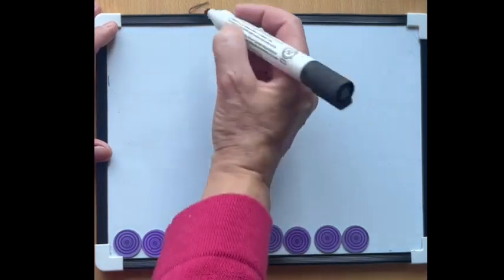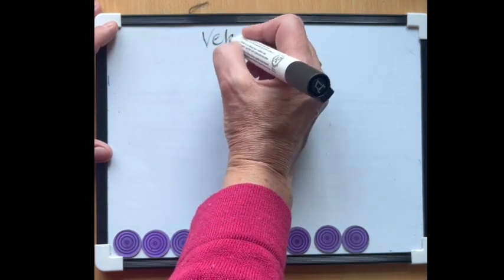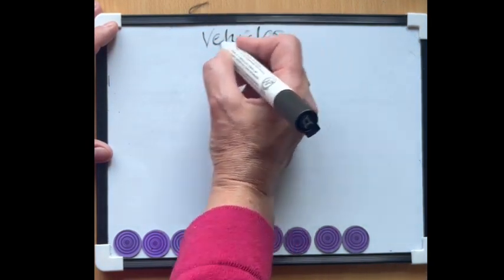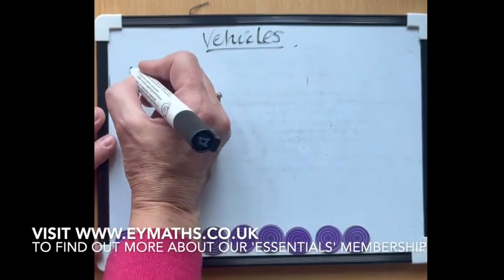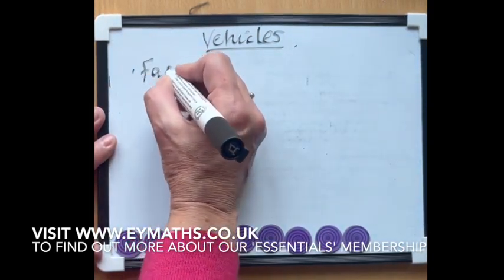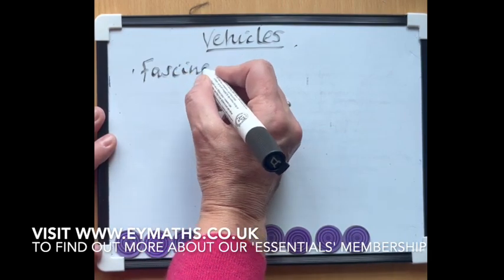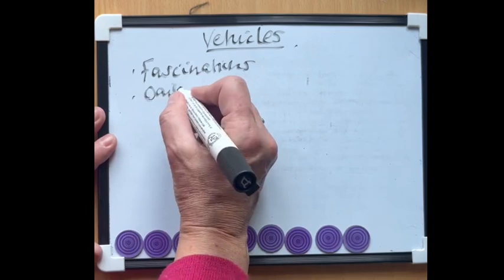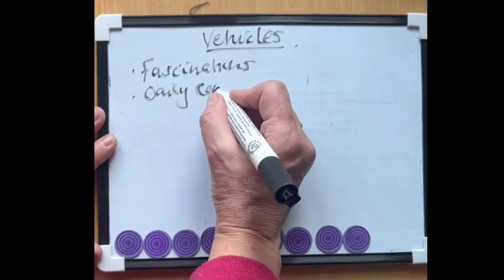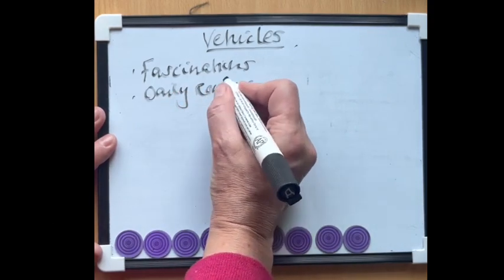Okay, so how do we discover the vehicles? Again, this is all in your Essentials library. Look at the very opening section about planning. You're going to notice what fascinations are happening and what daily routines you will see where fractions are happening.